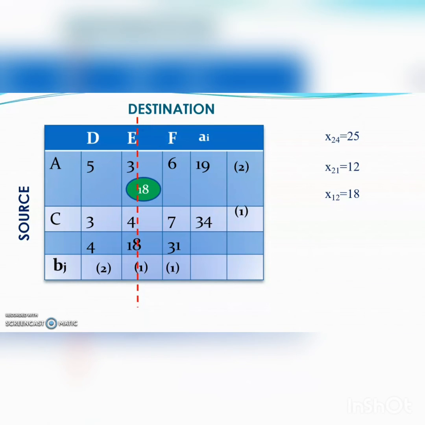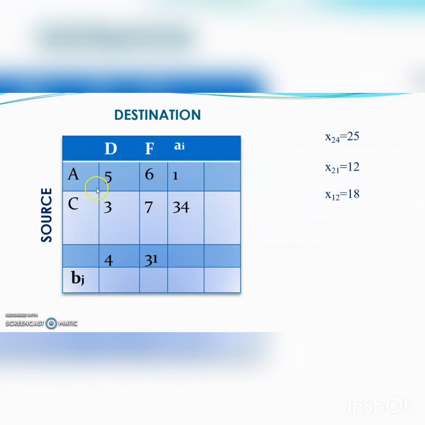So we discard this column and we adjust the availability in the source A. Now the availability in the source A is 1 unit. After discarding this column, we get this cost matrix.